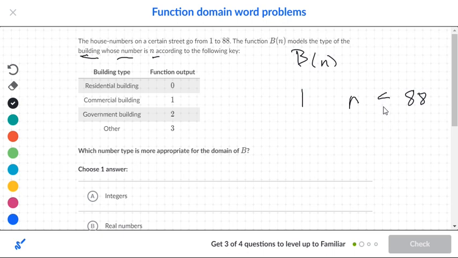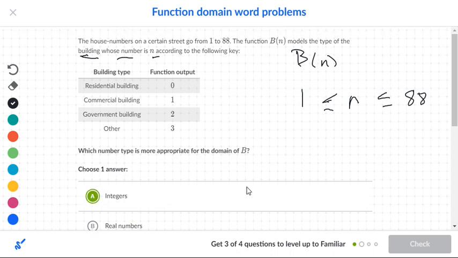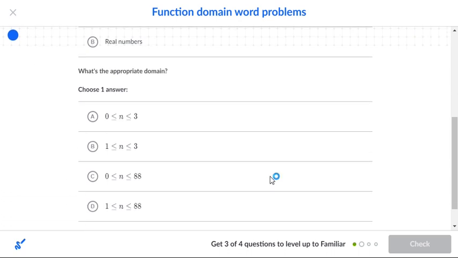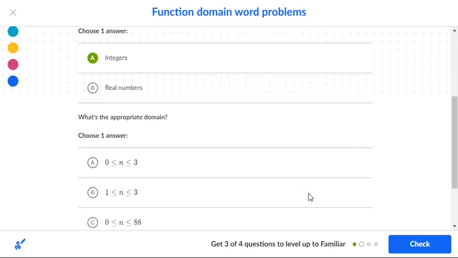You can't do better than 88. That's the best. And then we just use the same sign again. So basically we're going from 1 to 88. Now with street addresses, there are no fractions or decimals. So these are integers, because again, these are street addresses. And our domain should go from 1 to 88, which would be D.